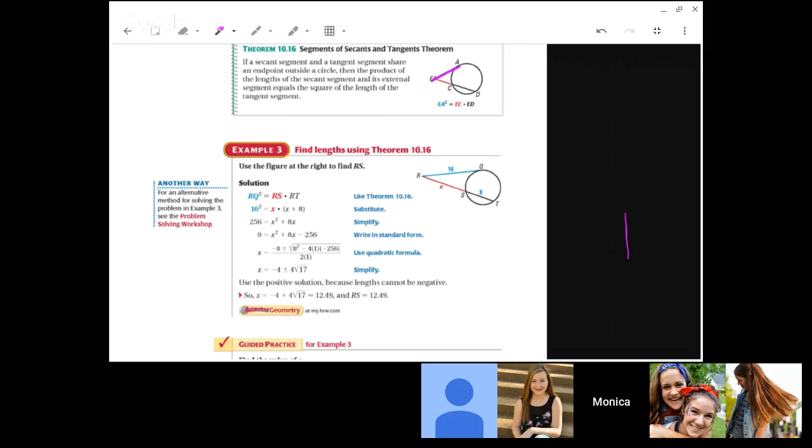And then the other side of the equal sign is going to be the outside part times the length of the whole thing again. So look, on this one, you can see that we have a tangent and a secant. Remember, a tangent only touches the circle at one point, right?